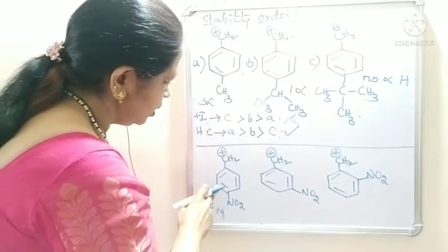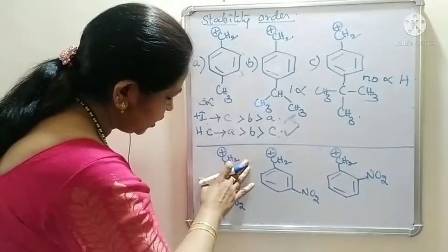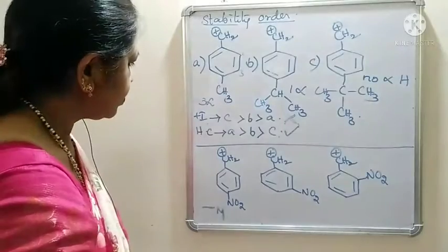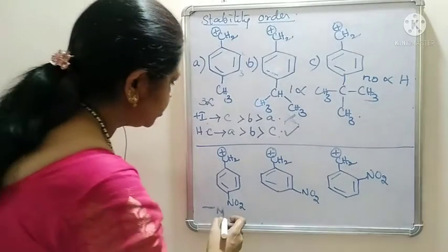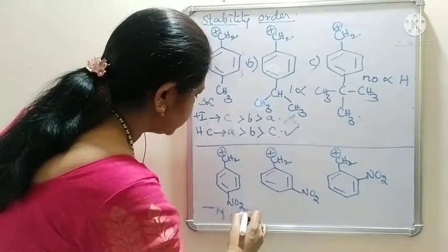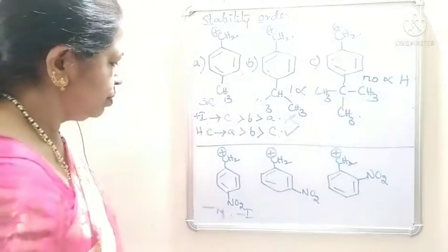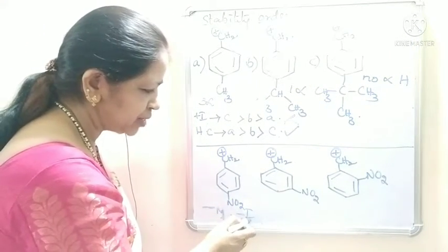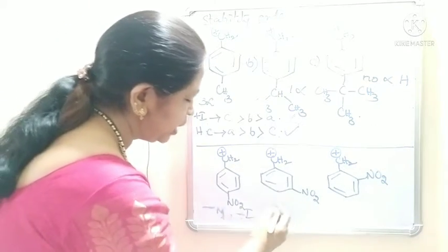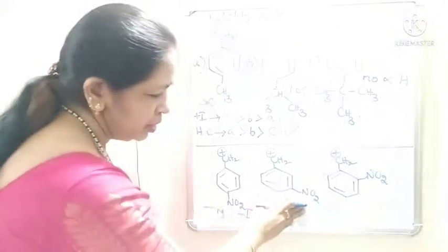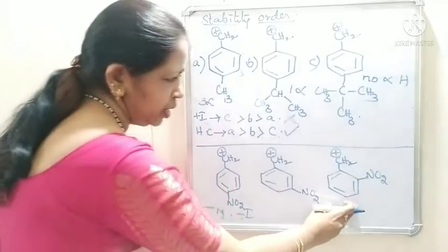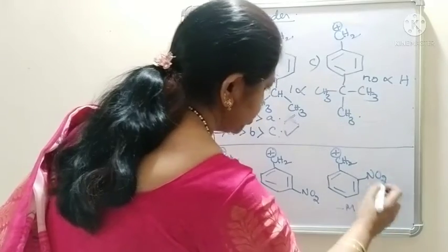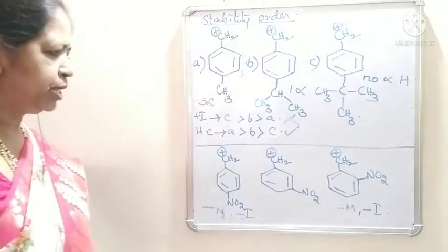So this structure has minus M effect and also minus I effect. The same here, and this is a special case. Here also, minus M effect and minus I effect are shown by the nitro group present on the benzene ring.